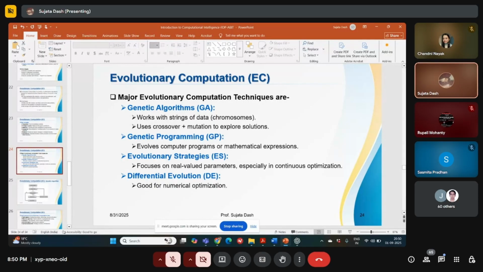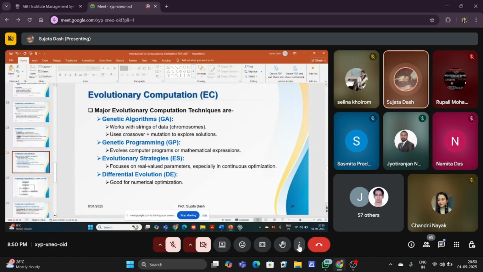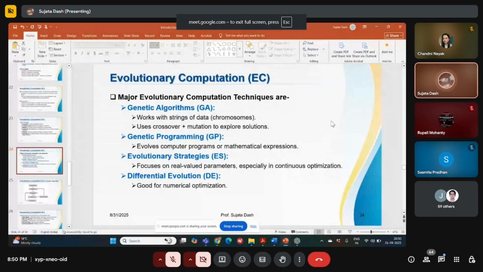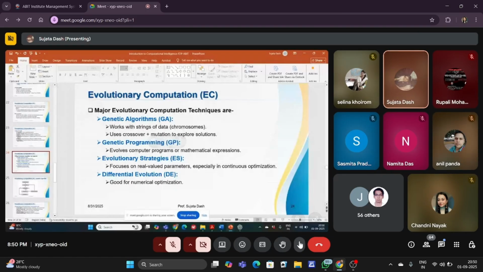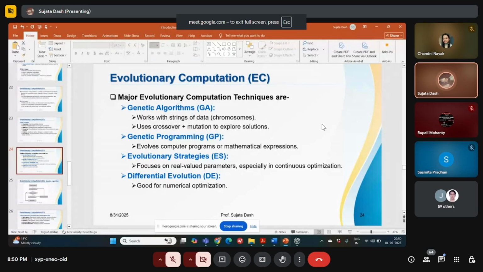Then next is differential evolution. Differential evolution is a population based technique particularly effective for continuous optimization problems. It uses vector differences for mutation and recombination, and it is known for simplicity and efficiency.